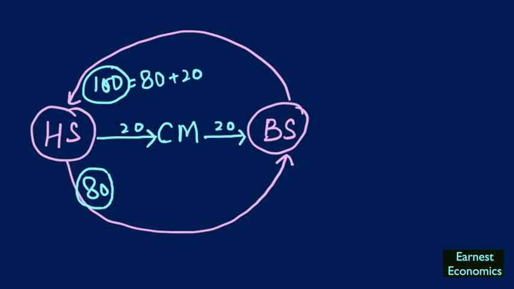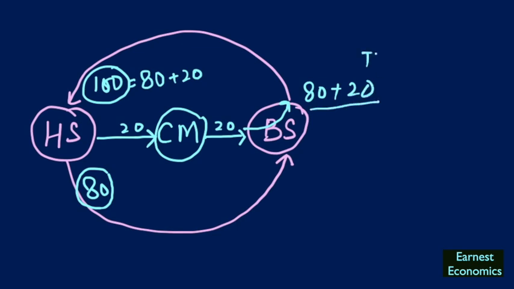Now if we had no capital market, there would have been a reduction in the amount present in the circular flow of an economy. But because of the presence of the capital market, these 20 rupees re-enter the circular flow over here. So again we have 80 plus 20 that are received for investment by the business sector from the capital market, and the total amount becomes 100 rupees again.